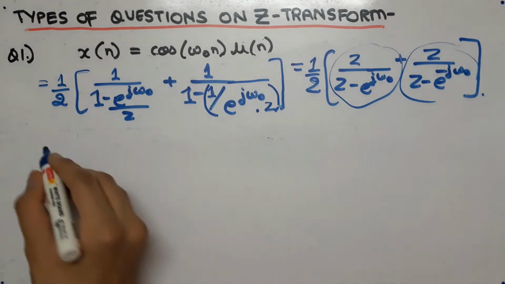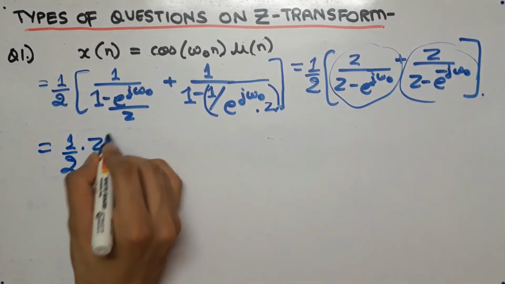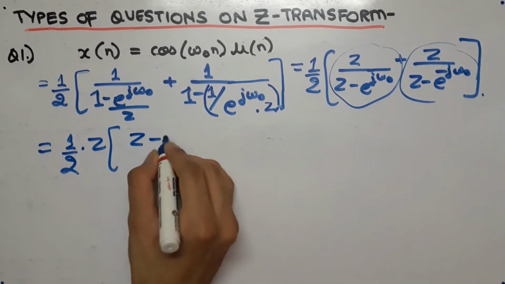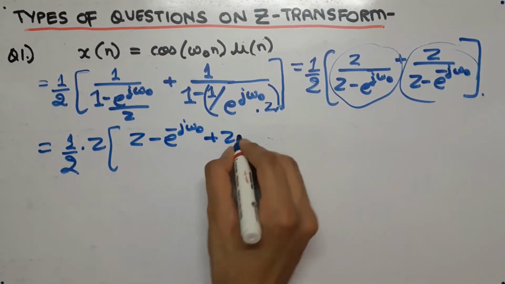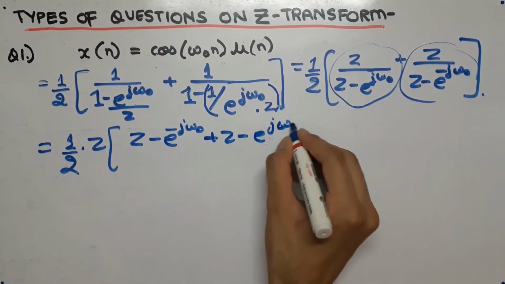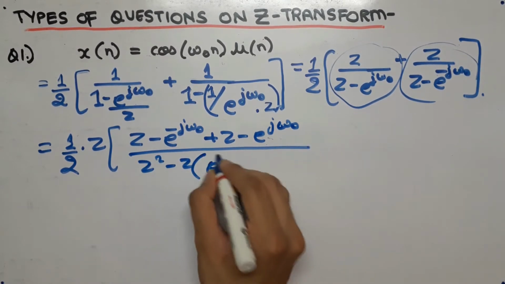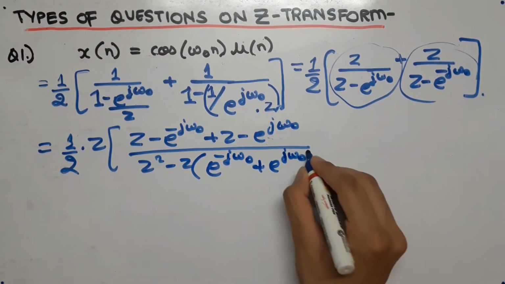On doing that, we will get half into z we have taken common, and inside we will get z minus e to the power j omega naught plus z minus e to the power j omega naught upon z square minus z into e to the power minus j omega naught plus e to the power j omega naught plus 1.